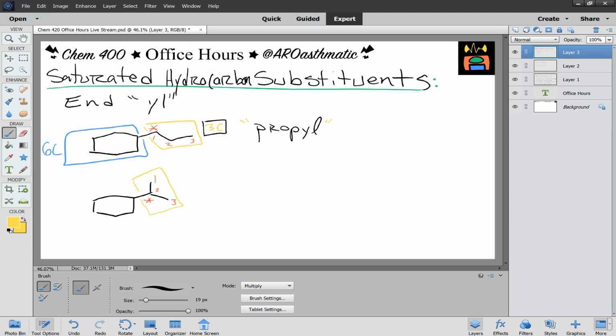Now, the proper IUPAC way to name this is as follows.